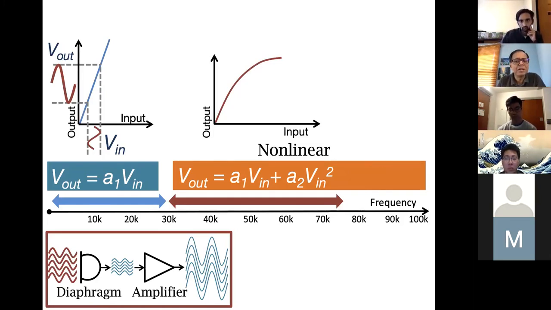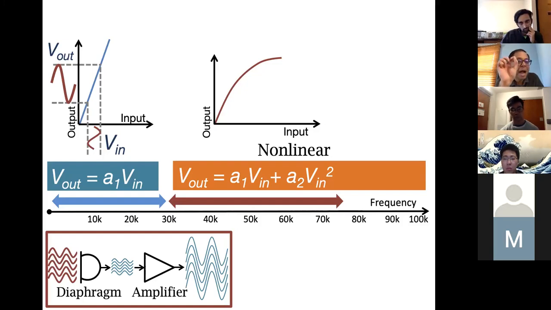So A3 is almost negligible, but A2 is not. So our goal is to design the signal carefully so that I'm going to take this V in square and use that as the backdoor to launch attacks. Does that make sense? Right?